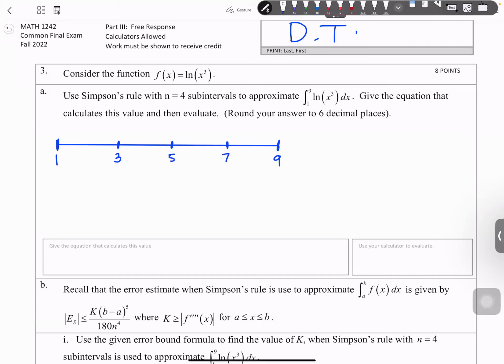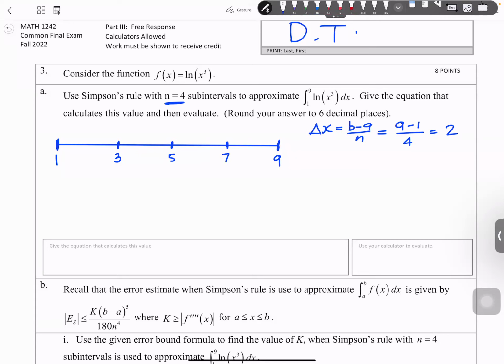There you go. I have 4 subintervals. You got n equal to 4. My delta x value. Remember, delta x is b minus a over n. So in this case, 9 minus 1 over 4. So 8 over 4 is equal to 2. Right?